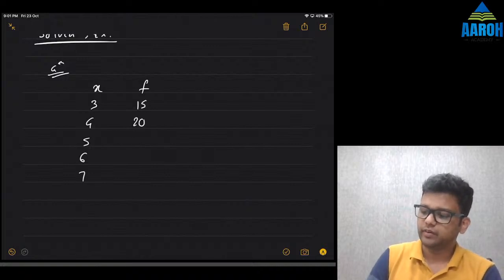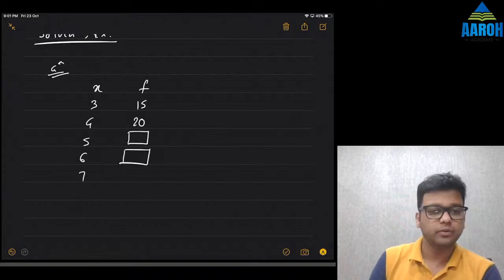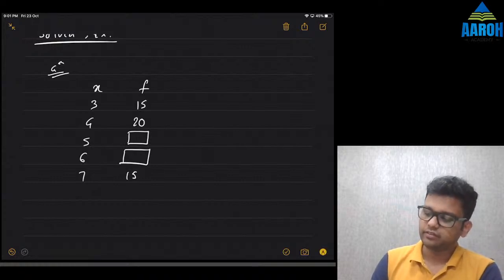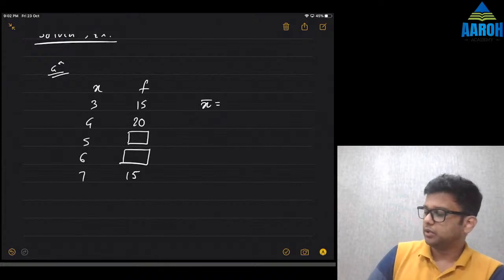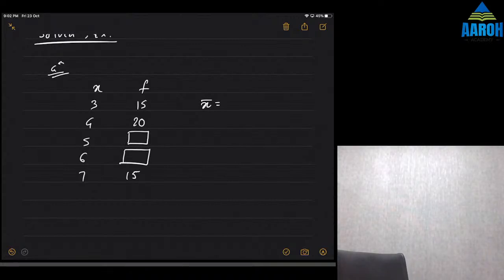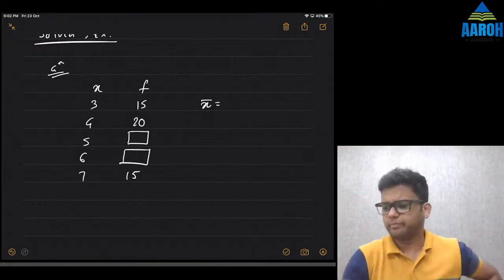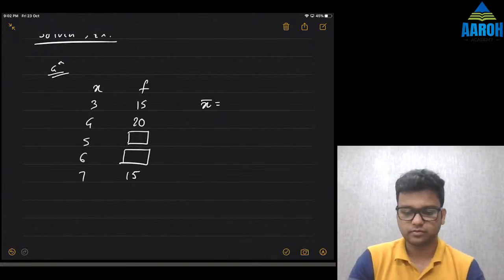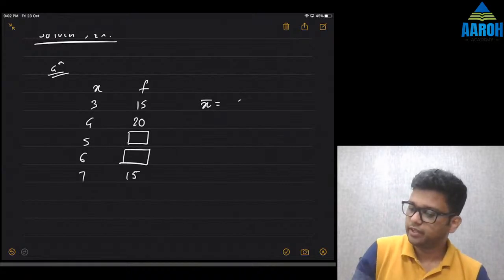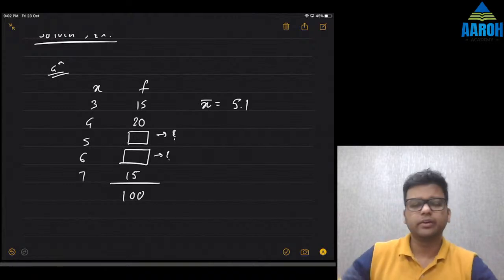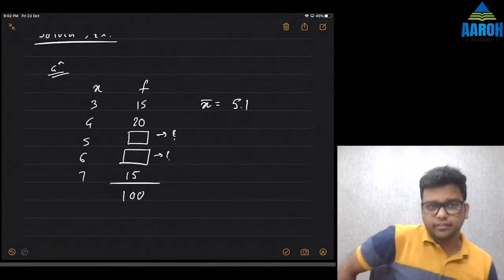F is maybe 15, 20, then two values we don't know, and 15. And x bar is given to us as 5.1 and summation f is given as 100. Can you find these two missing values?